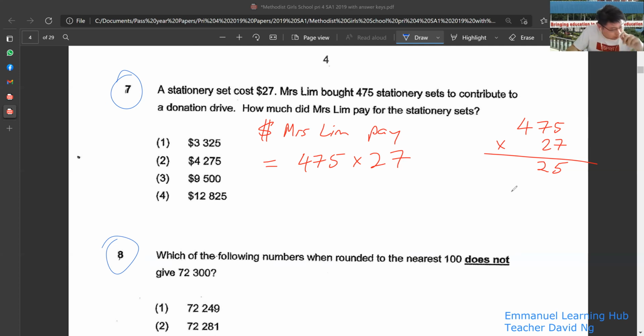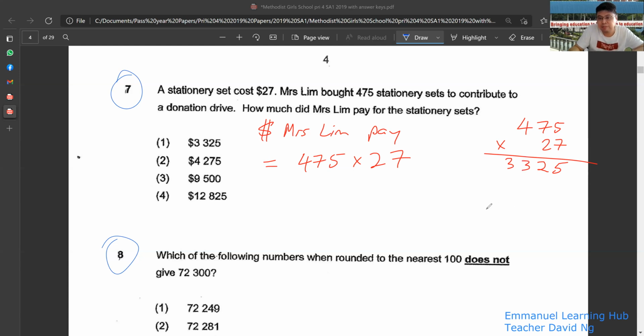So after that, 7 times 4 equals 28. Then you need to add 5. 28 plus 5 is 33.